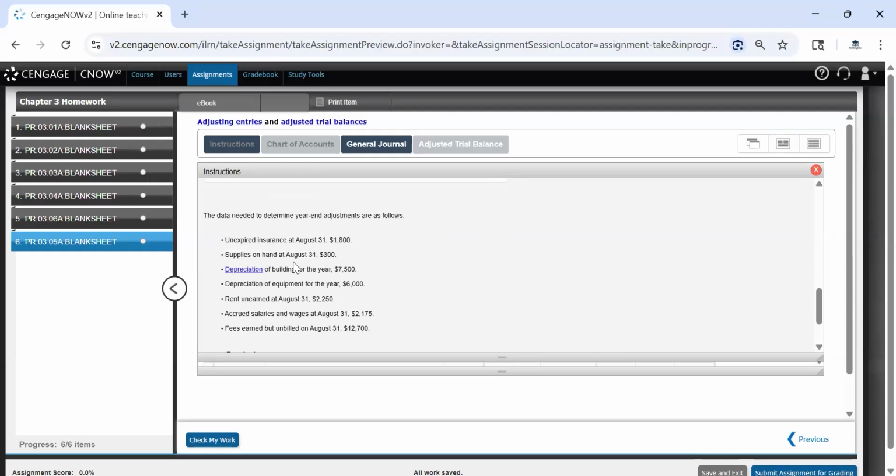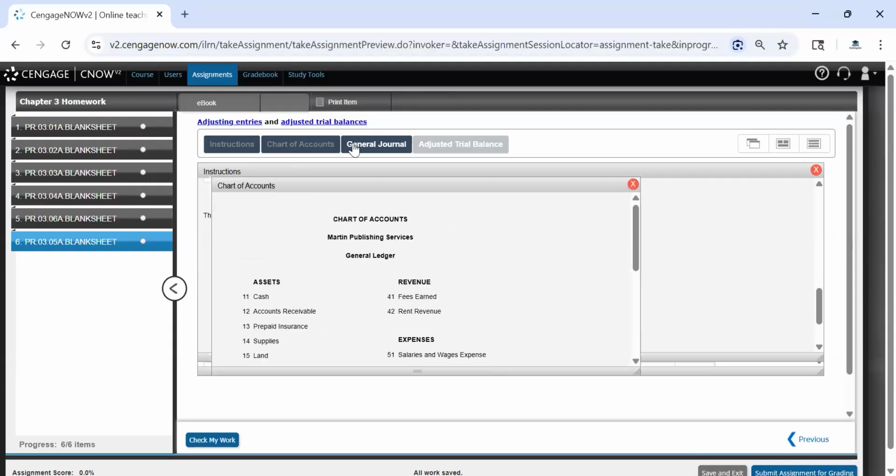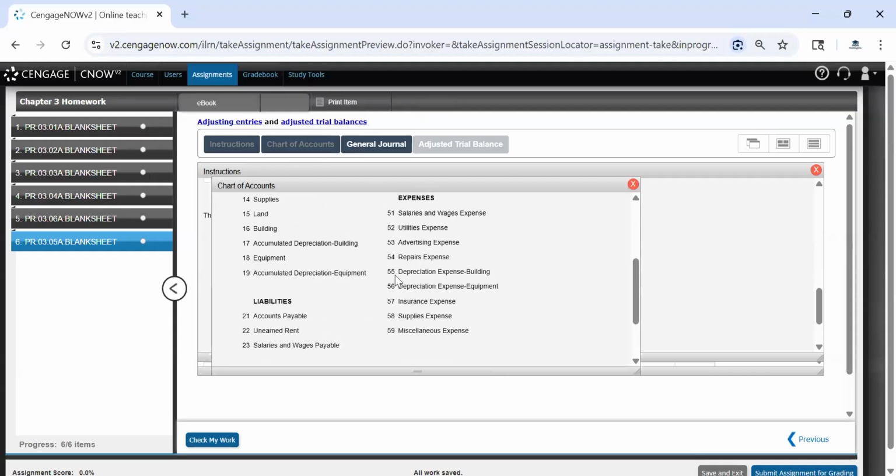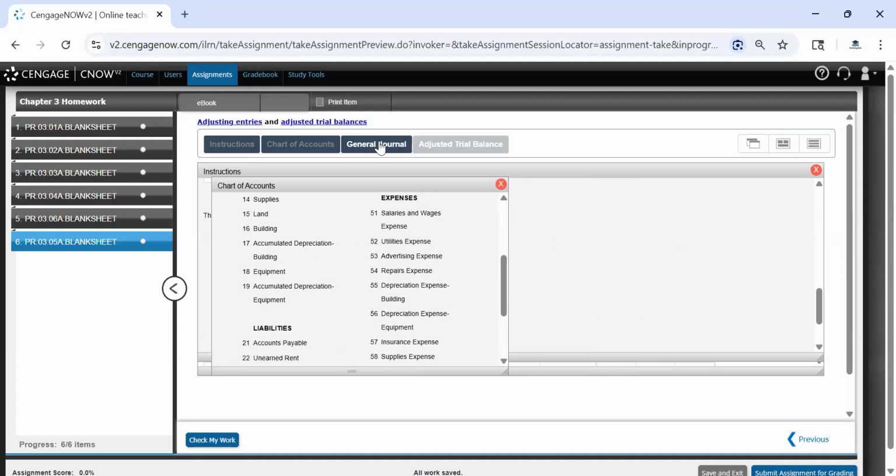So we need to depreciate the amounts that they tell us for these problems, for both depreciation for the building and depreciation of the equipment. And our depreciation expenses specify for building, for equipment, and then we have our accumulated depreciation building and accumulated depreciation equipment accounts.